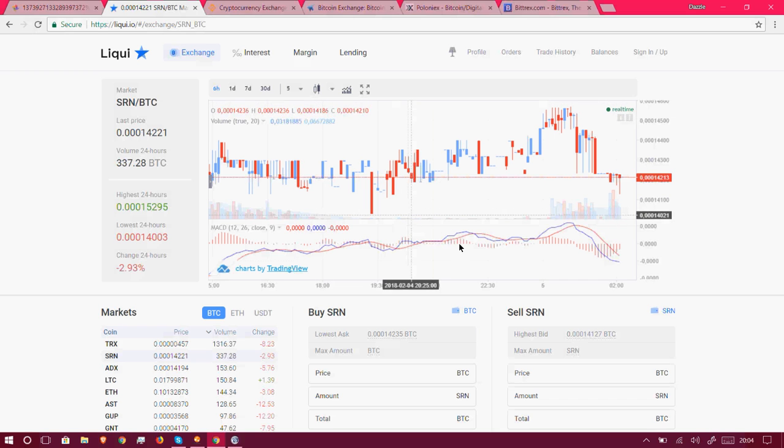Again, you can see it right here. You can see where it crossed over and it went up, and it crossed over and it went down, and it's getting ready to cross over to give you a clue that it's going to change direction. So that's on the coin.